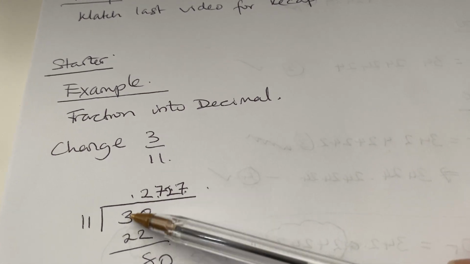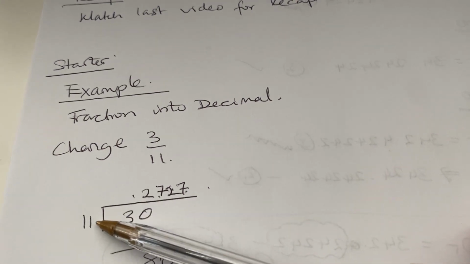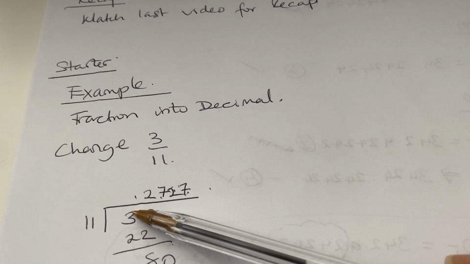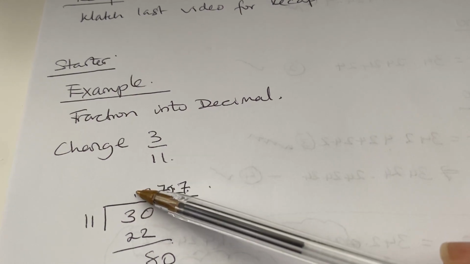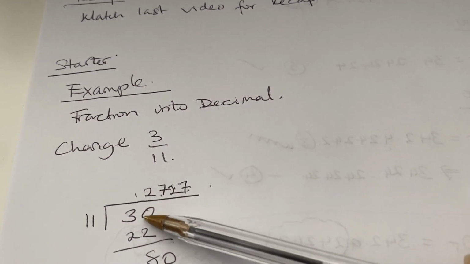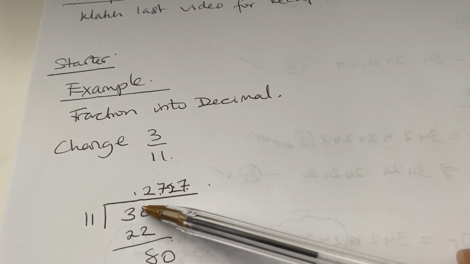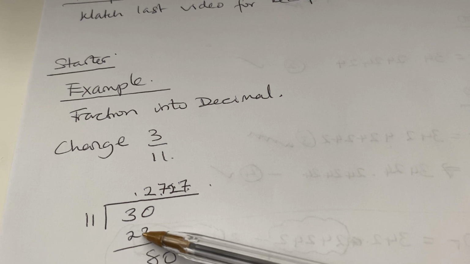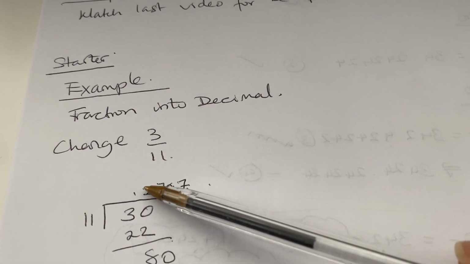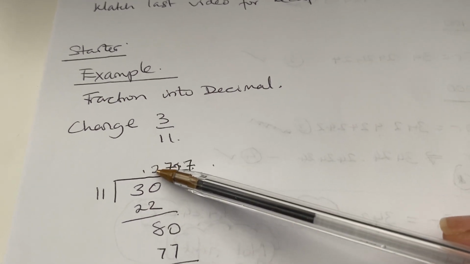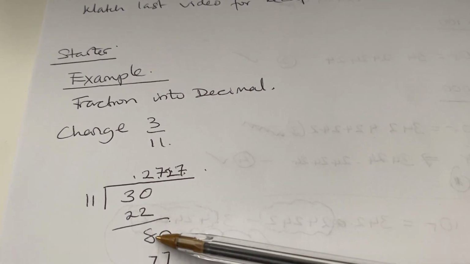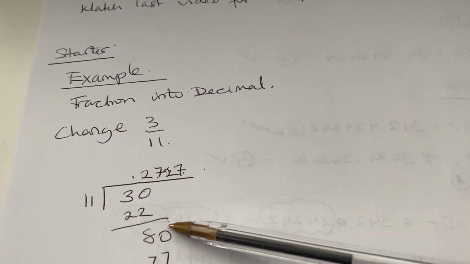Because 11 cannot go into 3, you put the decimal and add 0. How many 11s do you have in 30? 2. 30 minus 22 is 8.